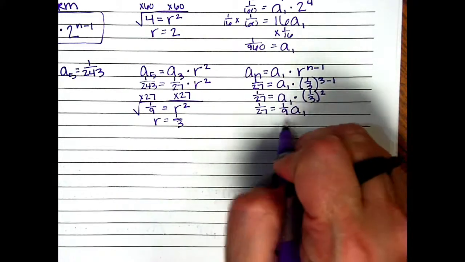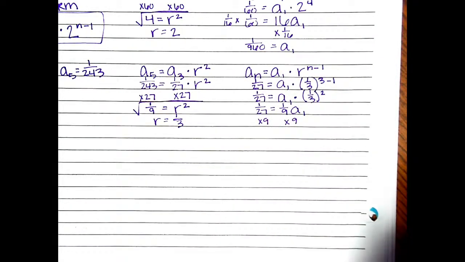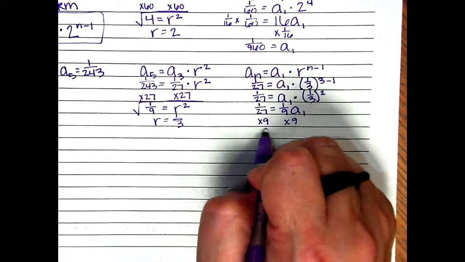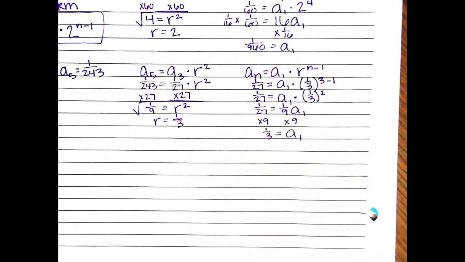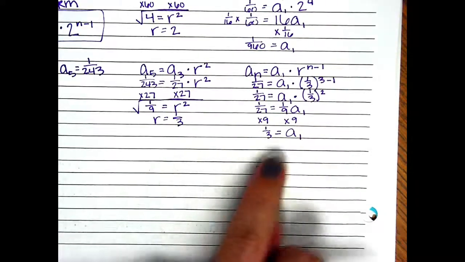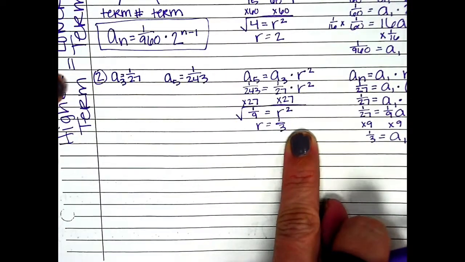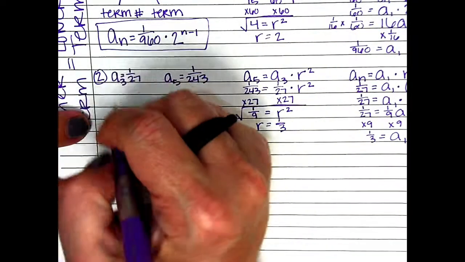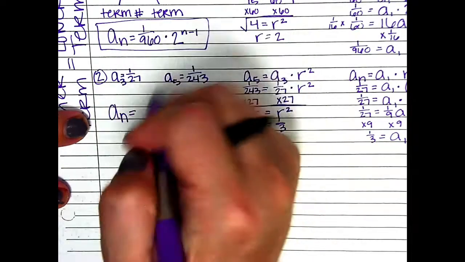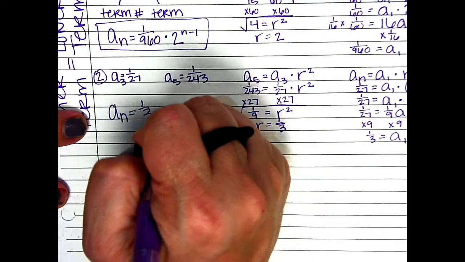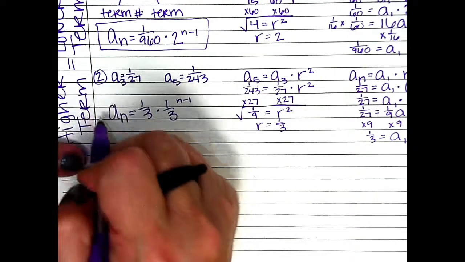Multiply by the reciprocal, so I'm going to multiply both sides by 9. 9/27 is 1/3 equals a sub 1. So again, now I have my first term and I have my ratio. So I can come over here and I can write out my formula. So it is going to be a sub n equals 1/3 times 1/3 to the n minus 1 power.